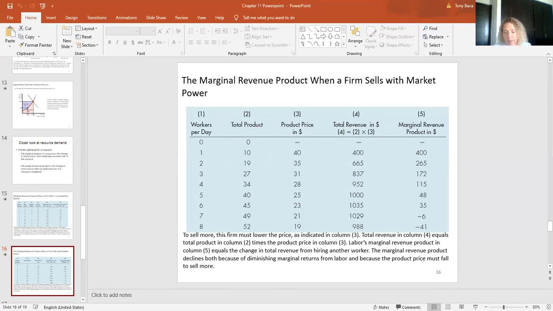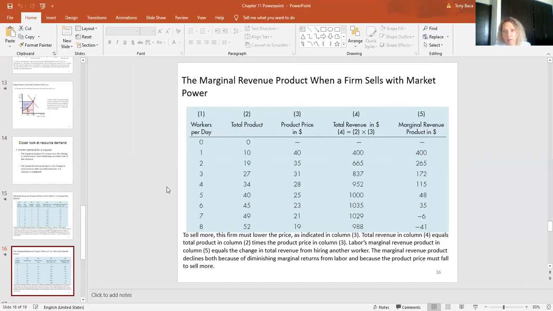If we were paying labor $100 per day on here, you can see I wouldn't want 5, 6, 7, or 8, right? Because their marginal revenue product is less than $100, and in some cases is even negative. So I know I don't want them. So this just goes to show you, to illustrate once again, that when we have competition in the market, you and I get more of everything, right, at a lower price.